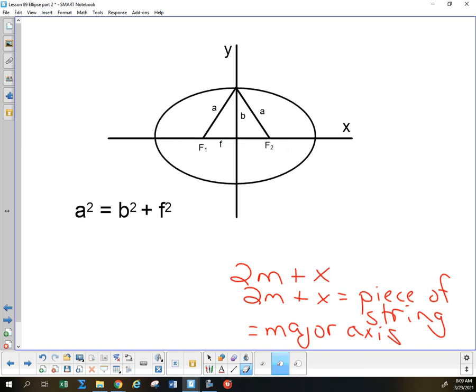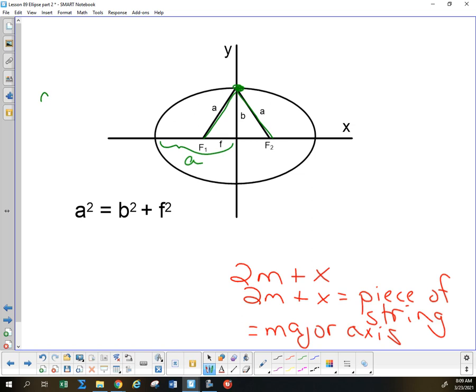So on this one, if this was a square root of my x denominator, my bigger denominator for this picture, then my piece of string would have to be 2a. So now if I pick one of the vertices on the minor axis, the piece of string still has to be 2a. So that means these two parts would have to be symmetric, and I can label both of these with an a right there.